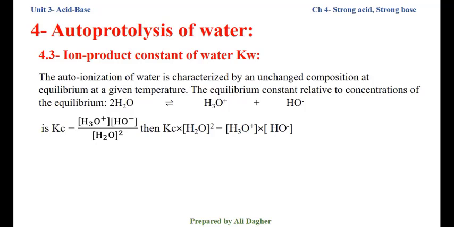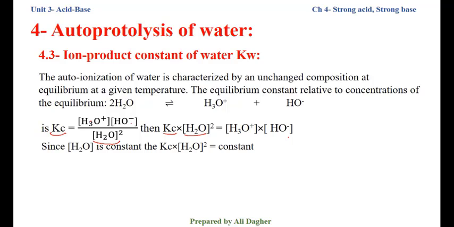Since Kc is constant and the concentration of water is constant, then Kc times concentration of H2O to the power 2 equals concentration of H3O+ times concentration of HO-. Constant times constant equals constant. The concentration of water is constant as we have seen in the last part, and therefore Kc, which is constant, times concentration of H2O to the power 2, which is constant. Constant times constant equals constant.